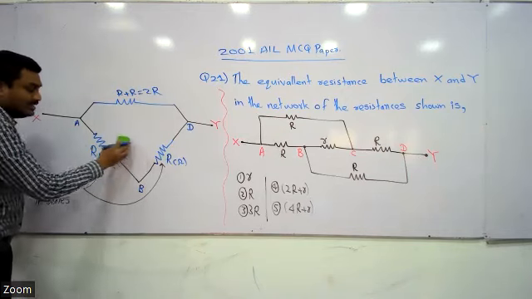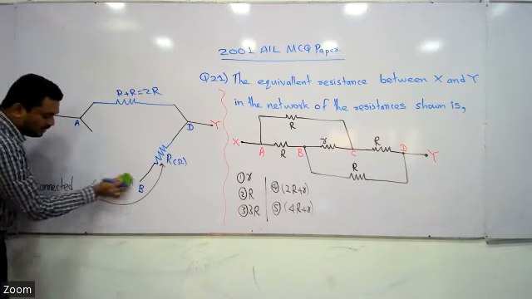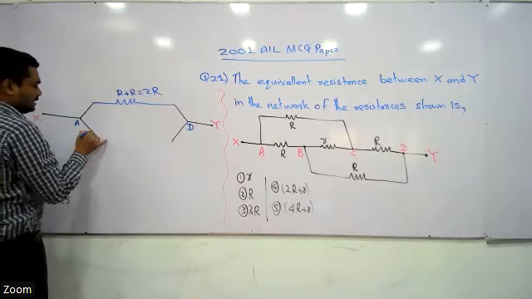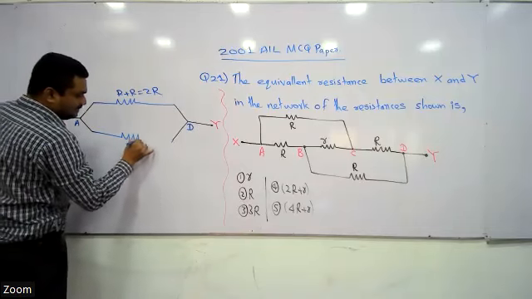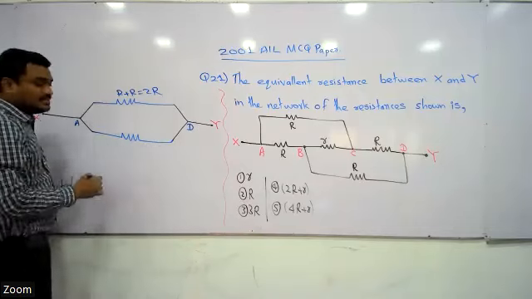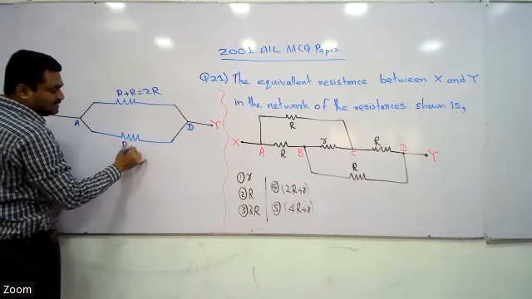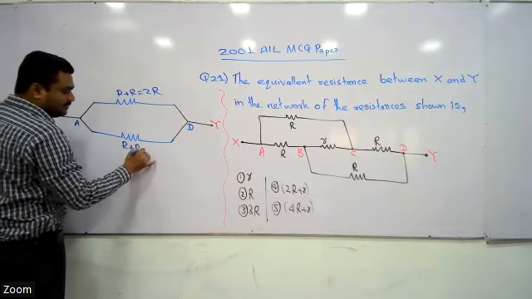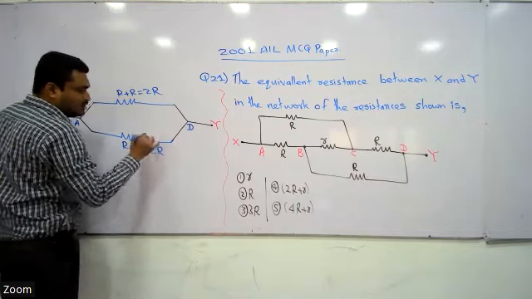Similarly, instead of these two resistors, I can draw a single resistor like this. They are connected in series, therefore the equivalent resistance is the summation.